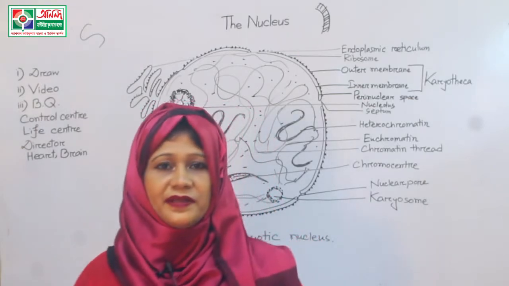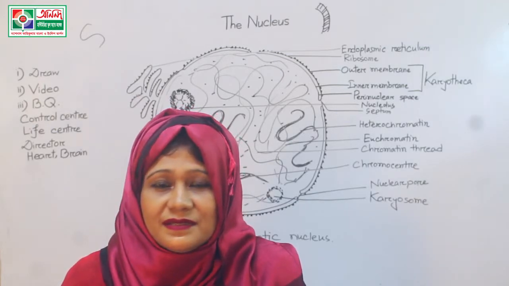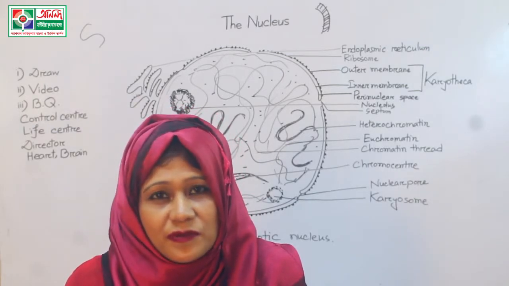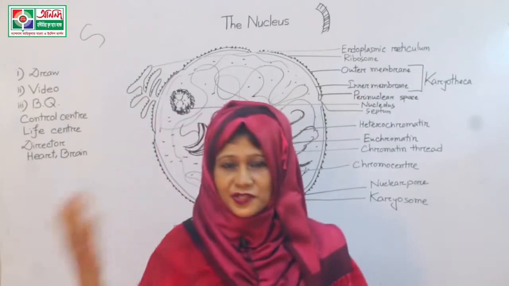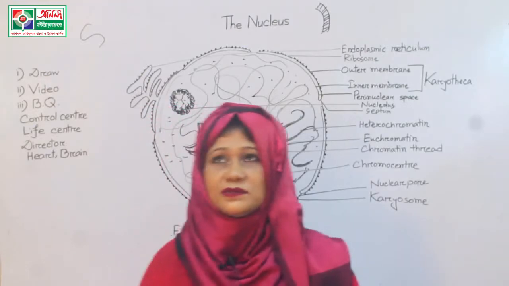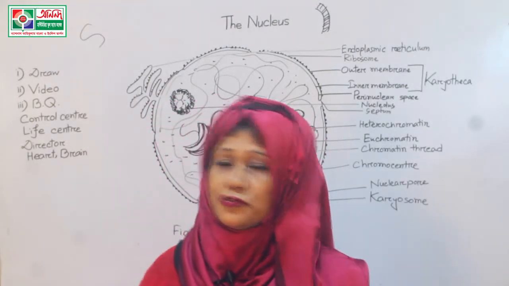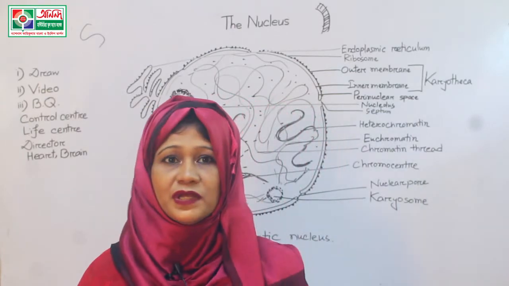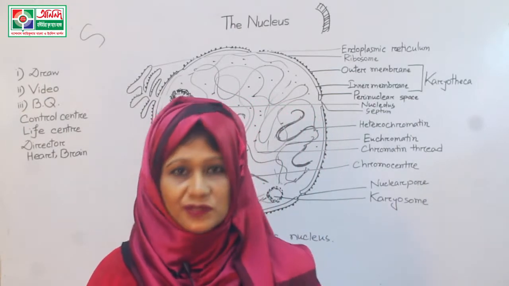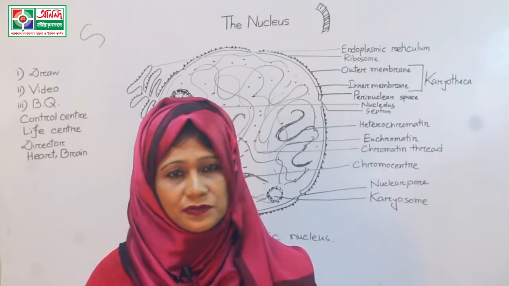The nuclear membrane also separates the cytoplasmic materials from the nuclear materials. Okay, this was about the function of the nuclear membrane. You can also mention that the outer nuclear membrane is studded with ribosomes.